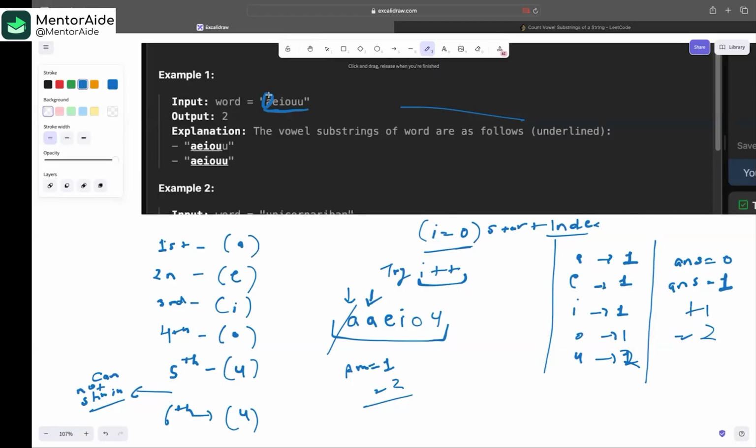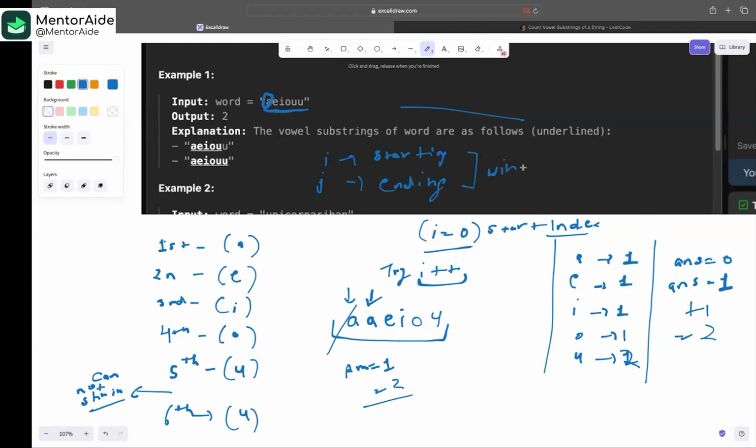There are two things majorly in the sliding window. One is the I pointer and another one is the J pointer. This is the starting of the window, and this is the ending. In a sliding window, you will majorly play with these things only.